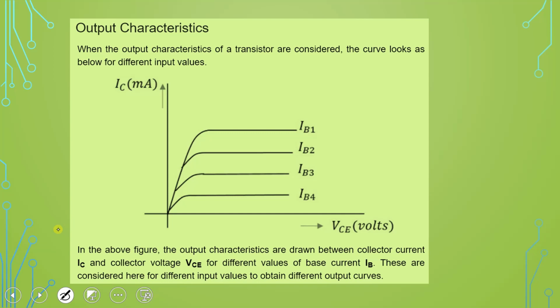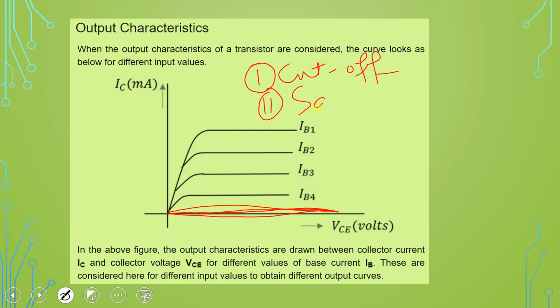In all the graphs we have three regions. The first region is the cutoff region. The second region is the saturation region, from here to here.